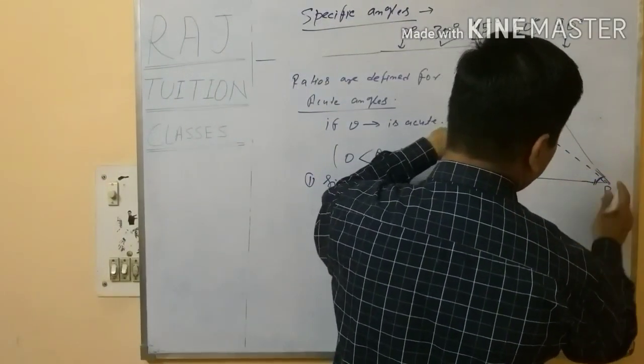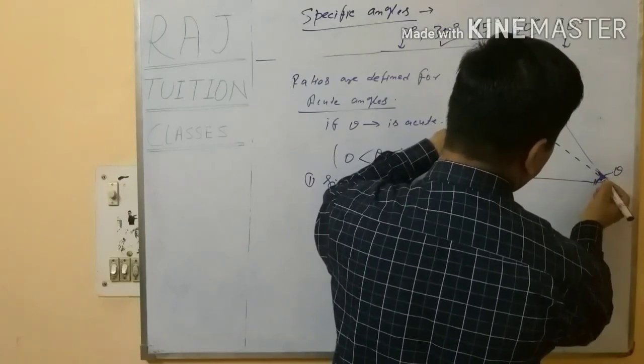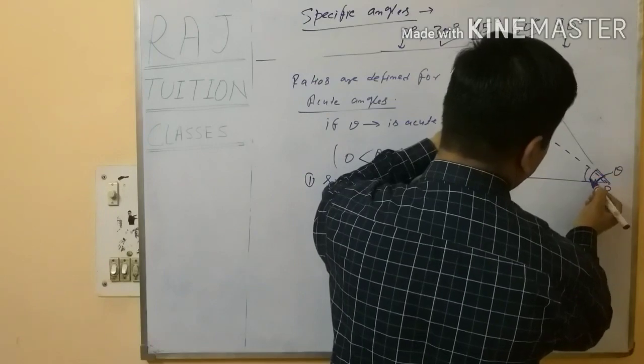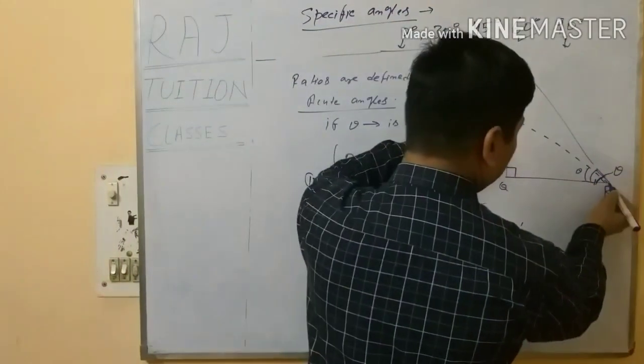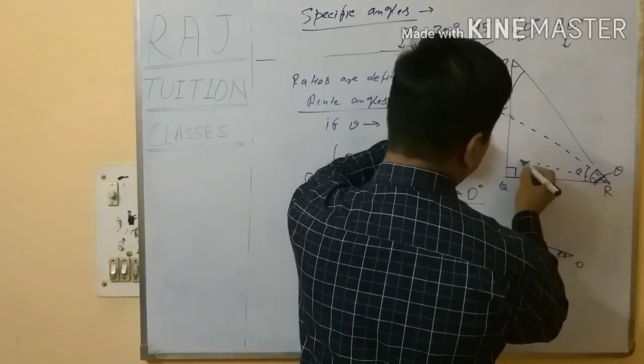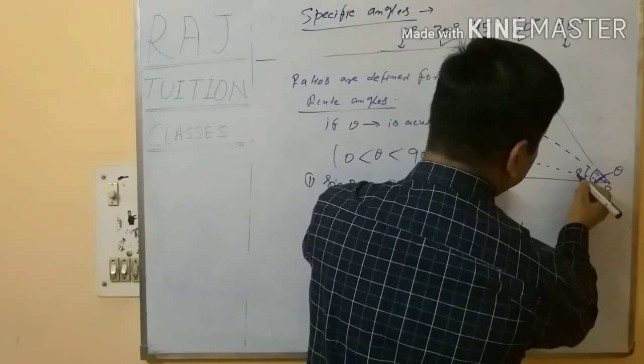And easily there is angle theta. The initial value of angle theta was greater and now the value of theta decreases. I again rotate this line and make it here. That is P double dash. Theta becomes less.